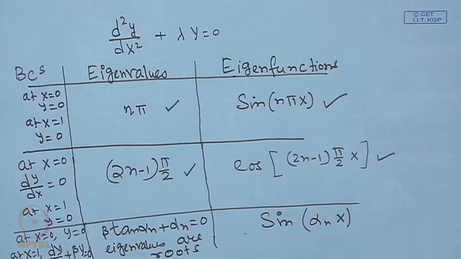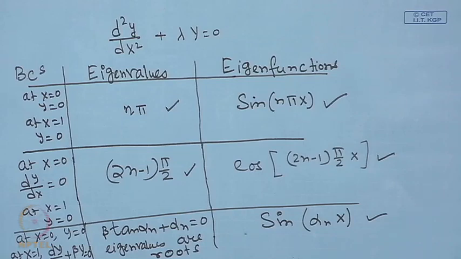Similarly, if you have a Dirichlet boundary condition at x is equal to 0 and a Robin mixed boundary condition at x is equal to 1, we will have a transcendental equation, roots of which are the eigenvalues of the problem, and sine functions are the eigenfunctions.